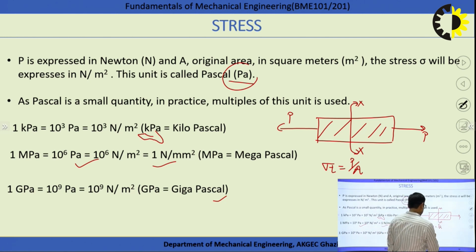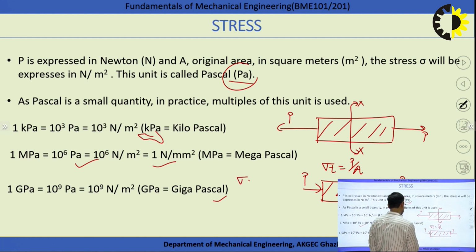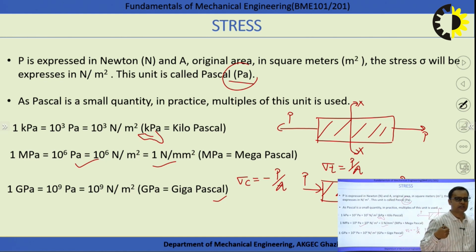If the load acting over the body is compressive, means like this, the stress induced is called the compressive stress, and it is taken with a negative sign. After the application of a tensile force, the body will elongate, the length will increase and the diameter will decrease.